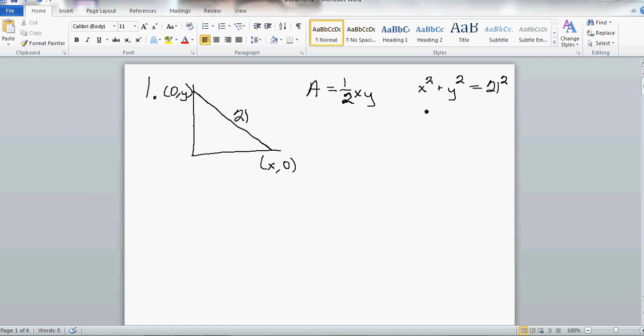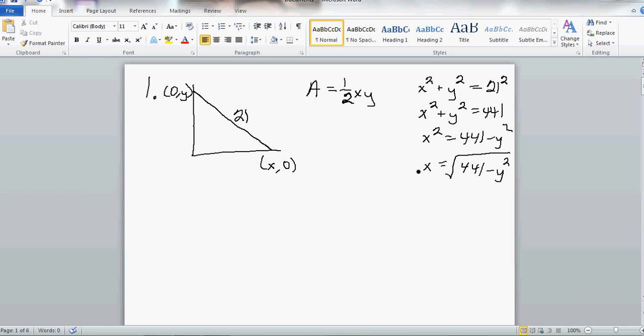And so we get x squared plus y squared equals 441. And so x squared would equal 441 minus y squared, and so x could be written as the square root of 441 minus y squared.